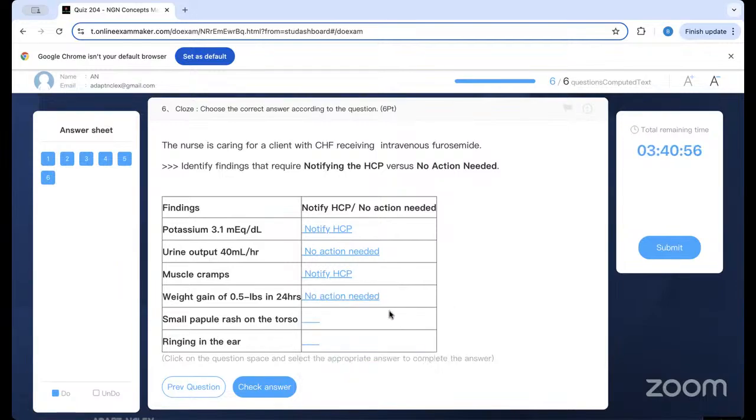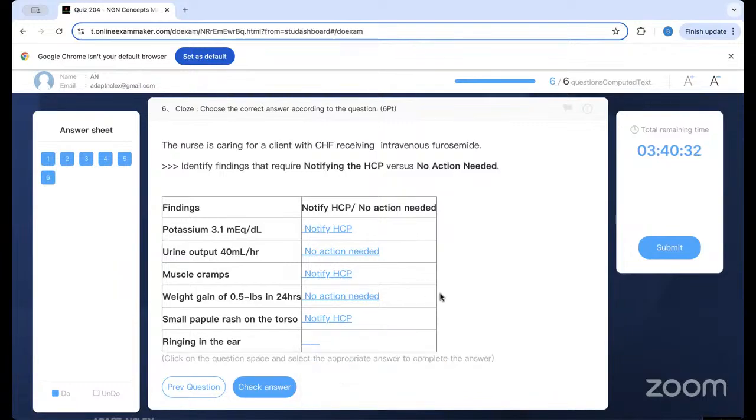How about a small purple rash on the torso? I'm getting IV furosemide. If I'm receiving IV furosemide and I see a small purple rash on the torso, what do you think? Should I worry about it? Should I let the doctor know? Or should I just ignore it, document and move on? This is Stevens-Johnson syndrome.